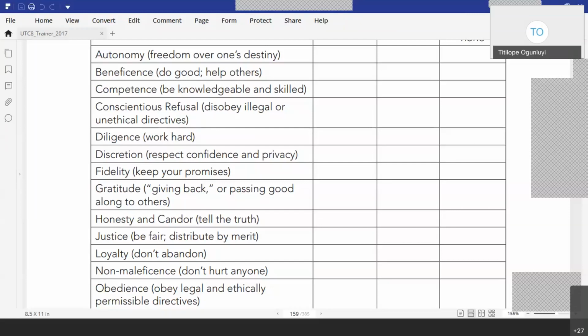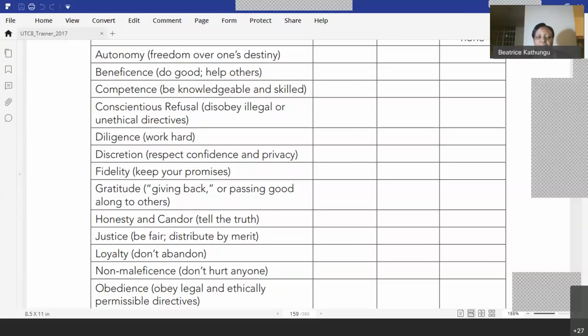So you think justice was involved, where you are being fair? Yes. Okay, thank you. And likewise, the other one says we should do no harm. Do no harm. That is non-maleficence. Don't hurt anyone. Thank you very much.